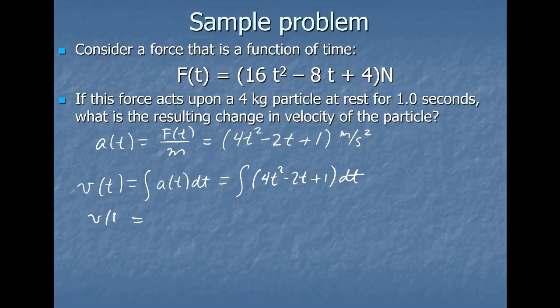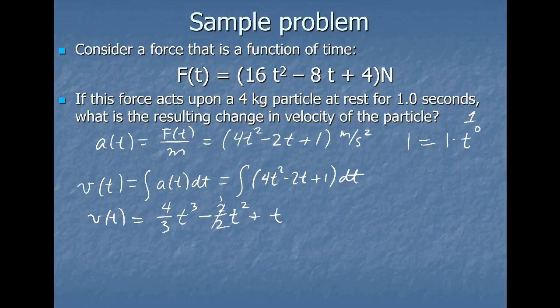And that's going to give us, remember our rule, t squared is going to increase to t cubed, so I'll have 4/3 t cubed, minus t is going to increase to t squared, so I'll have 2 over 2, which is just 1, and then we'll have plus t. Remember that any time we have a constant, 1 is the same thing as 1 times t to the 0, because that's also 1.